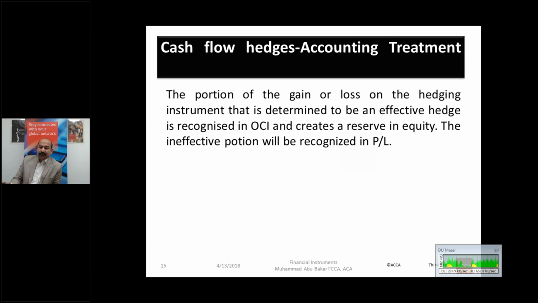Let's say the change in fair value of the hedging instrument is, say, plus gain $100, dollar or rupees, whatever.